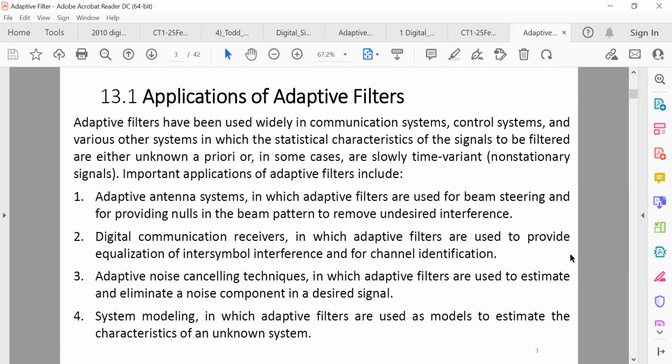Then in digital communication receivers, every receiver will have a received signal, which will be a little different from what is transmitted, because of attenuation in the process of transmission, and because there will be additional noise as the signal reaches the receiver.